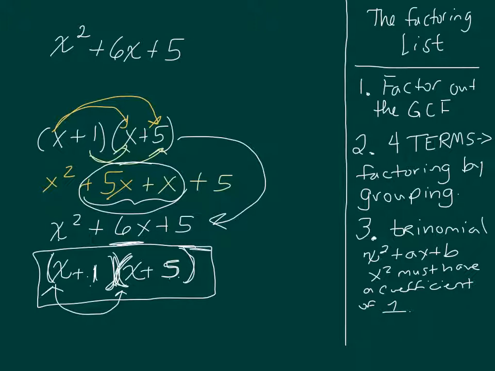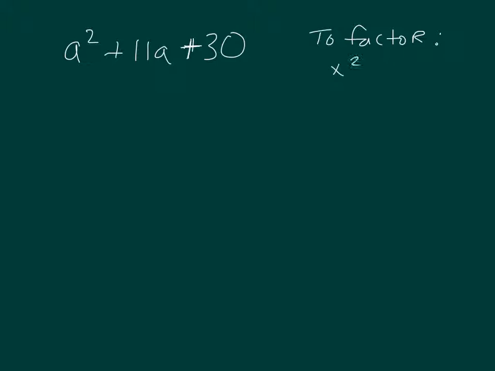So let's actually organize this a little better, and let's write a list of steps for doing this. And then we'll look at factoring another polynomial as we're looking at the list of steps. So let's take this polynomial, a squared plus 11a plus 30. The first thing we're going to do, if we want to factor, we'll say in general x squared plus ax plus b.